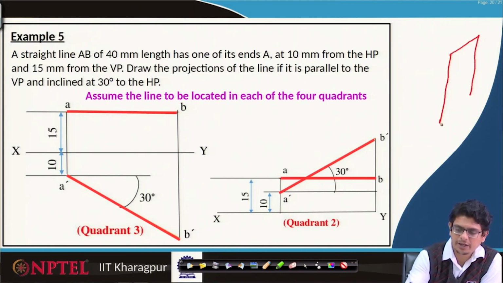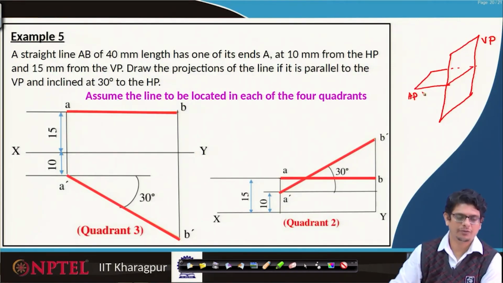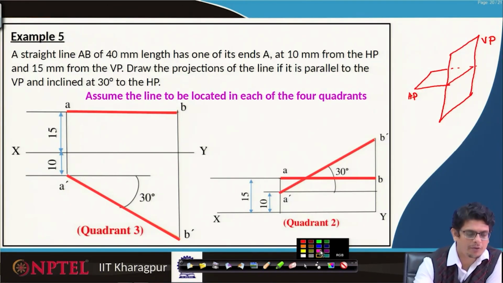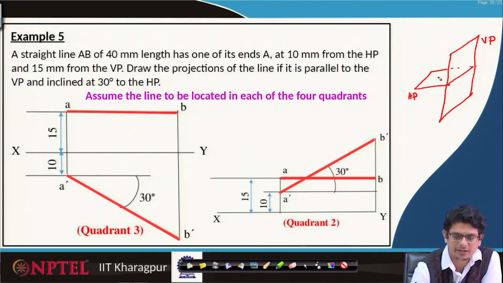This is the vertical plane, horizontal plane and our point is 15 mm from the VP somewhere here and 10 mm from HP somewhere there, 10 mm, 15 mm somewhere there.